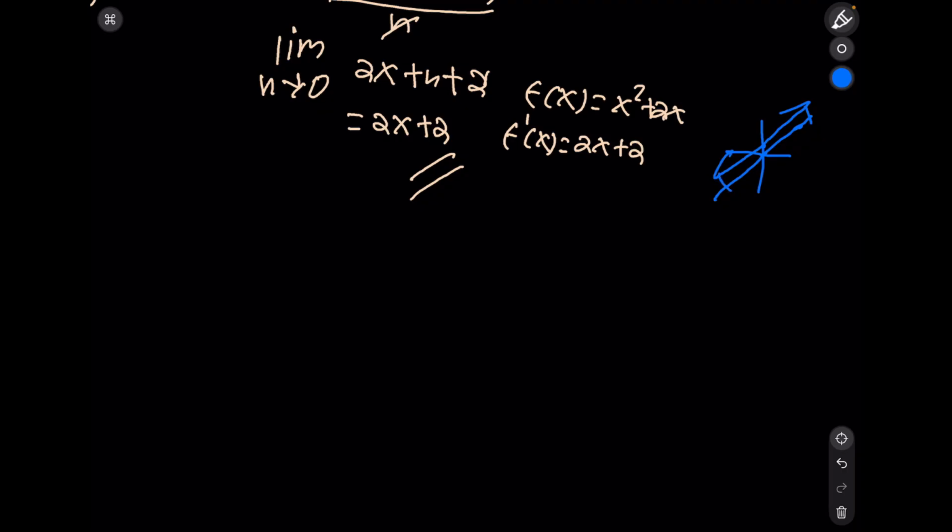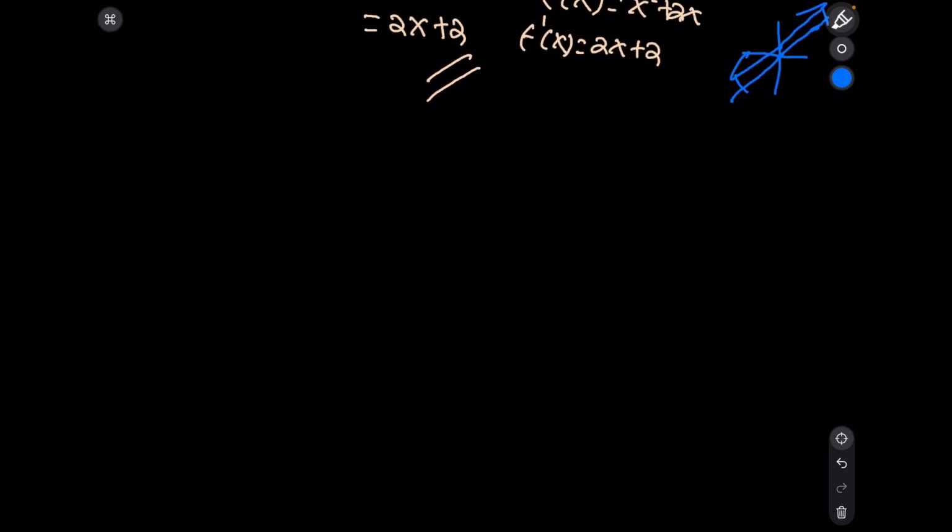But with higher level functions like x squared, x cubed, x to the fourth, you'll get these crazy functions where you have different points and different derivatives depending on the point that you put in. So that's why we say this is the limit definition of a derivative. It's not exactly at a point, but if you were to put in a point, you would get the exact derivative at that point for that specific function.